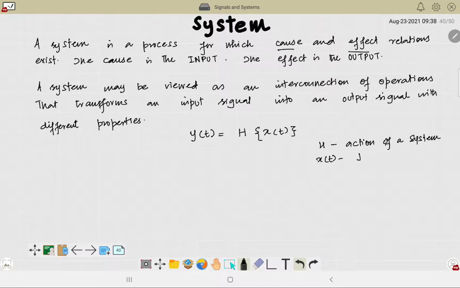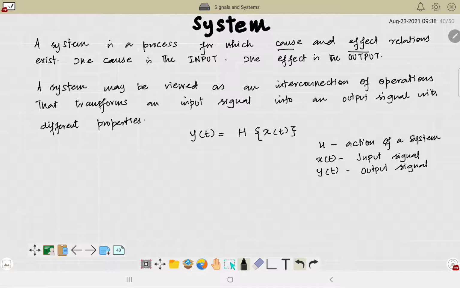Let me just write it here. It is your input signal. And y of t, it is your output signal. And h, although formally we say it's the action of a system, is a kind of a system property.